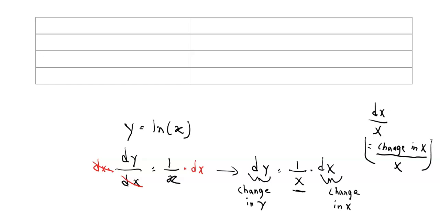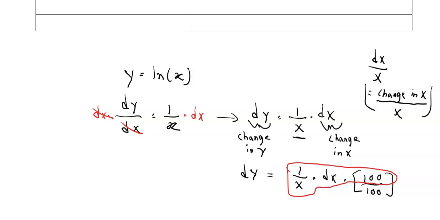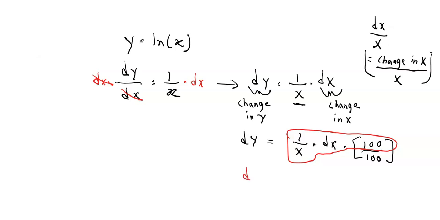So if I multiply and divide the same side by 100, I can combine this part and make it into a percent form. So dy equals 1 over 100 times the percent change in x.